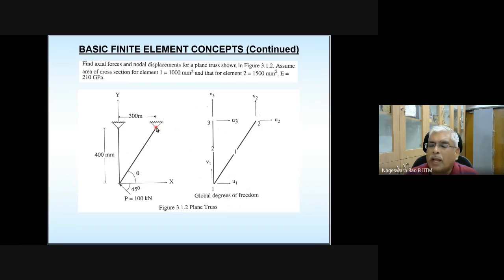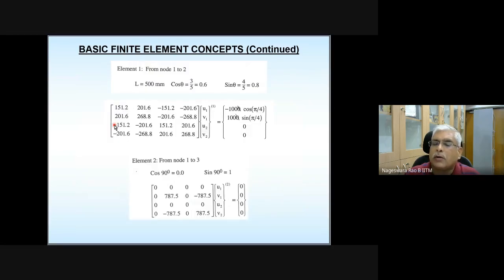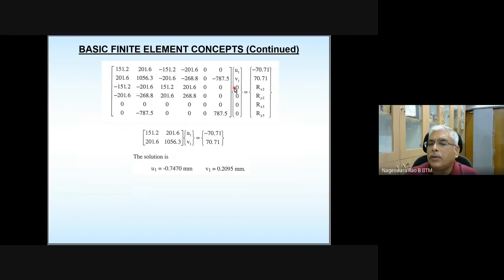So here at node 2, both displacements are 0. At node 3, both displacements are 0. At the corresponding locations, reactions are going to be developed. So U2 is equated to 0, V2 is 0, U3 is 0, V3 is 0. Corresponding locations, reactions are going to be there.